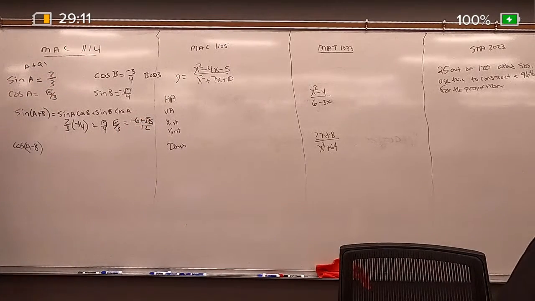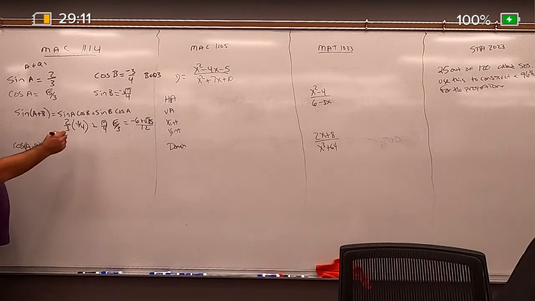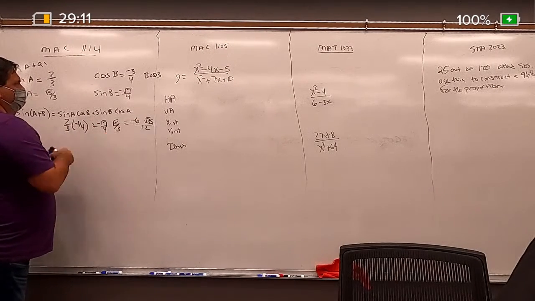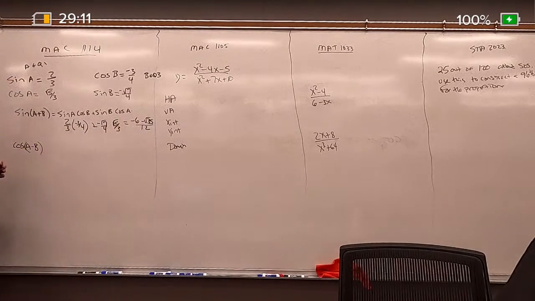Yep. Tyler, you good? So if the sine B is negative square root of 7 over 4, why does it become positive? Oh, wait, no, it doesn't. I made this mistake.